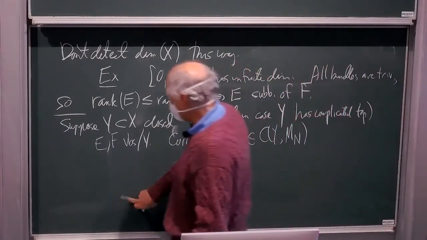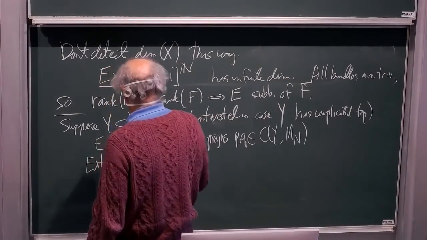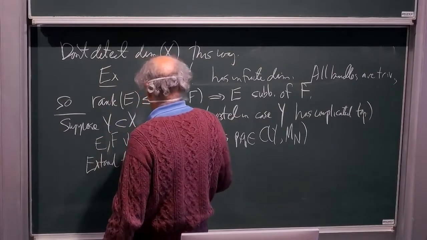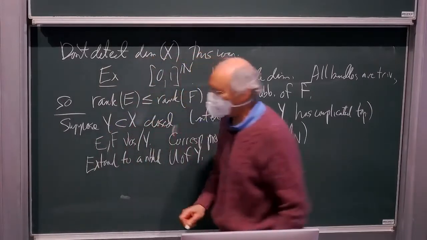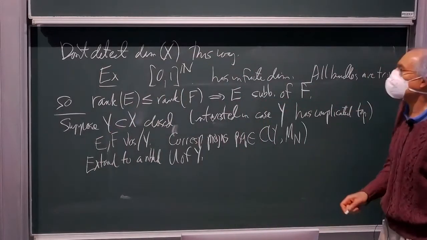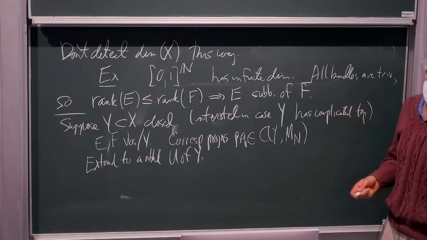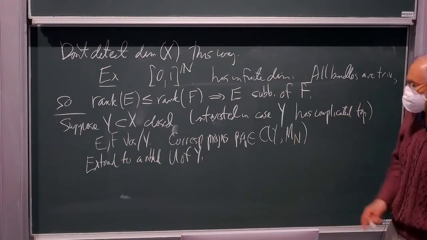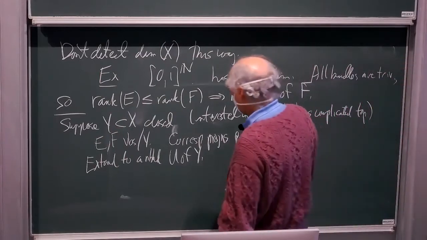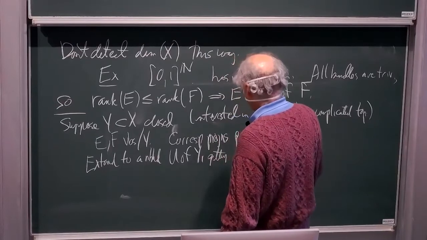And then I extend them to a neighborhood U of Y. I extend them just as functions and then use Borel functional calculus on some neighborhood. And so I get, let's say, P tilde and Q tilde.